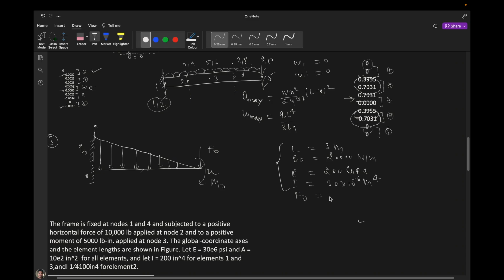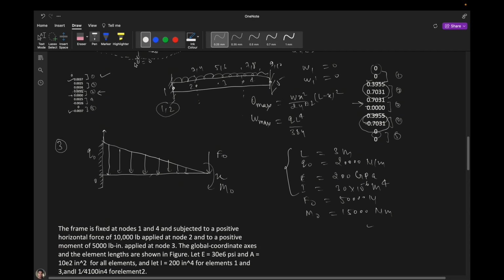F naught is given as 50,000 Newton, and M naught is given as 15,000 Newton meter. Okay, so let's solve this problem and we will see the result.